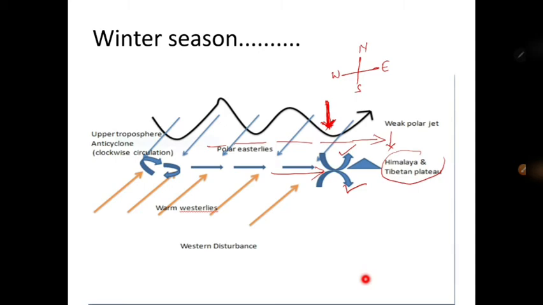At the same time, upper air high pressure and anticyclonic conditions are developed in the troposphere over Afghanistan and Pakistan. Consequently, the winds tend to move over the northwestern part of India, resulting in the development of atmospheric stability and dry conditions.